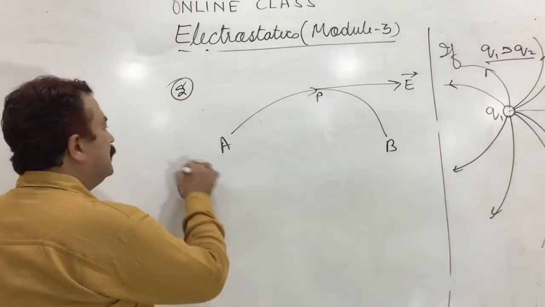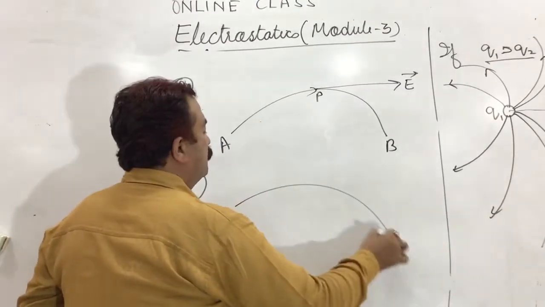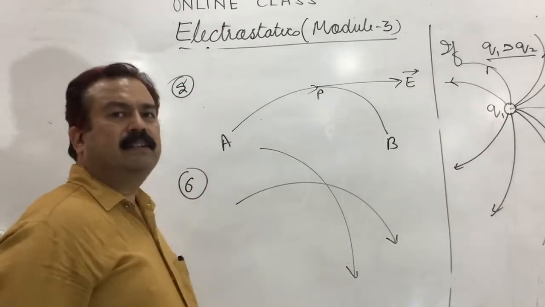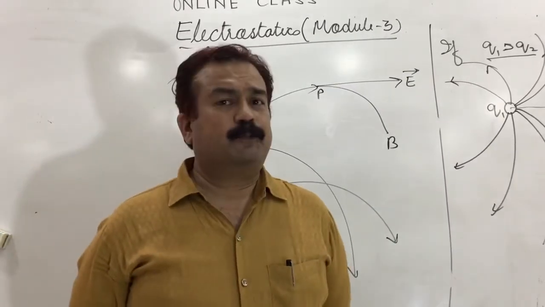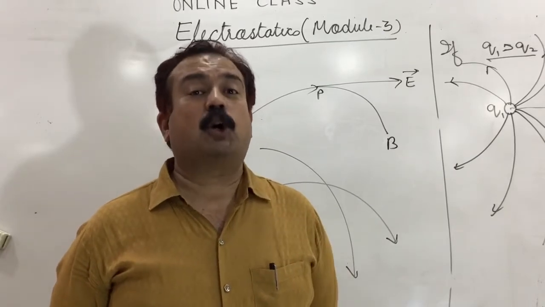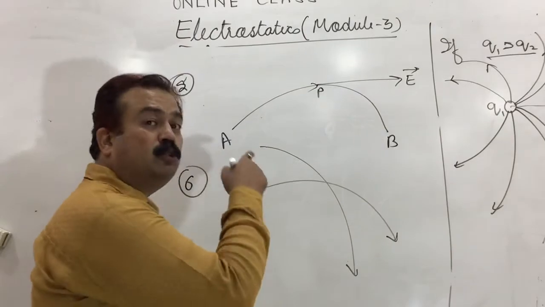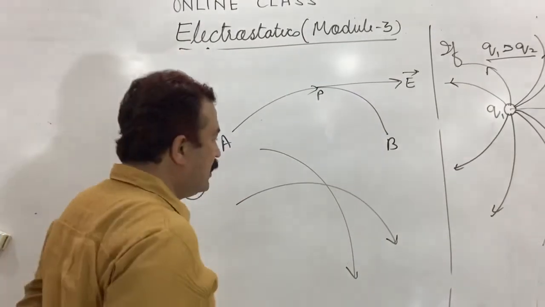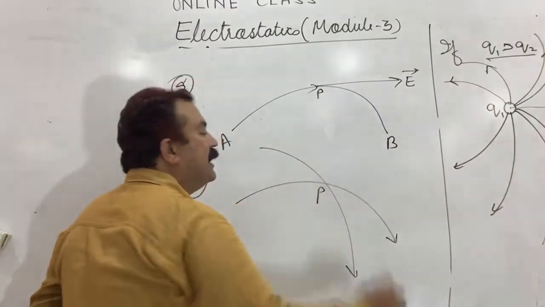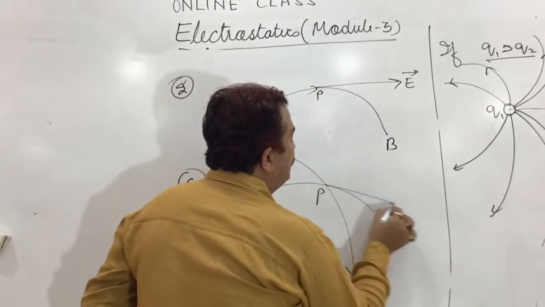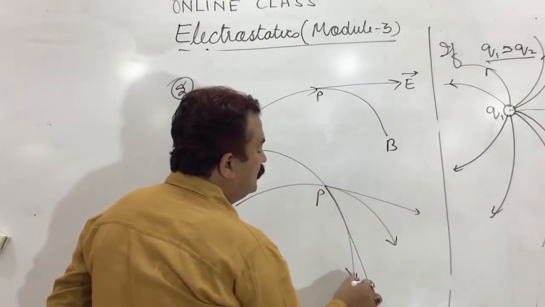Next is, two electric lines of force never ever cross each other. Because if they do so, then what will happen? See, let's say they are crossing at point P, and make a tangent line on each line of force.